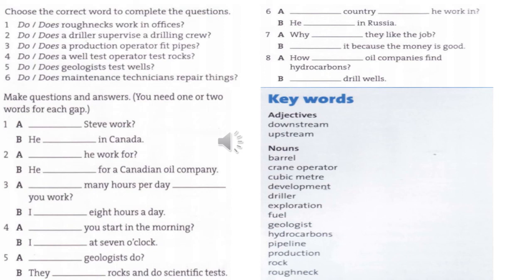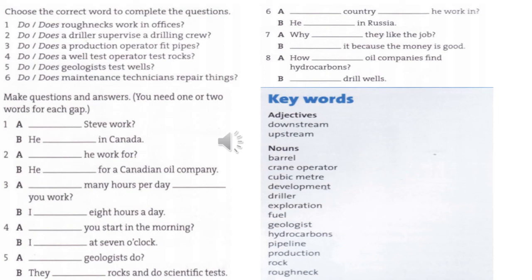Number 8, how do oil companies find hydrocarbons? The answer is they drill wells.